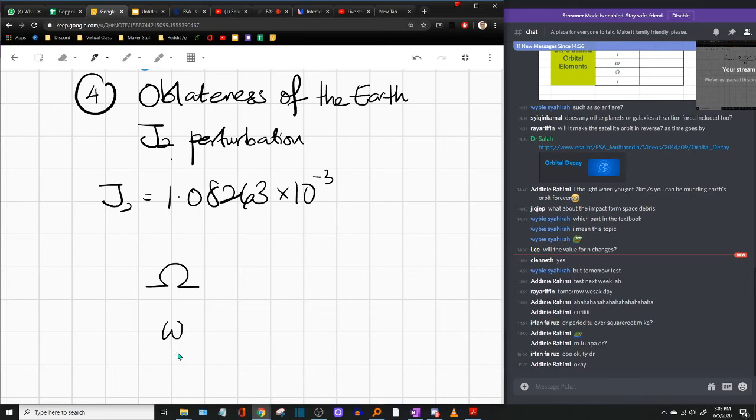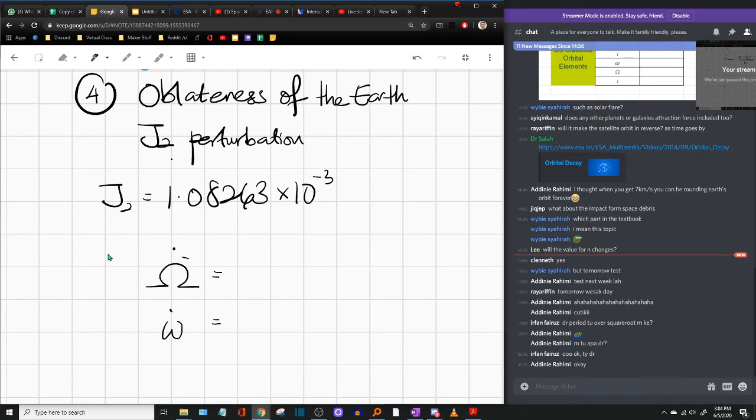We'll continue this in our next class, but the rate of change of the RAAN and argument of perigee over time is huge due to this J2 perturbation. How huge? If you start an orbit in January, by June your orbit is already facing somewhere else. It doesn't look anything like your orbit in January.